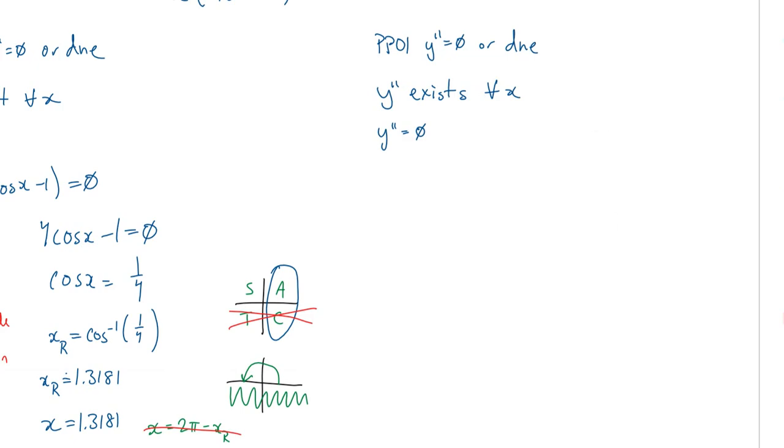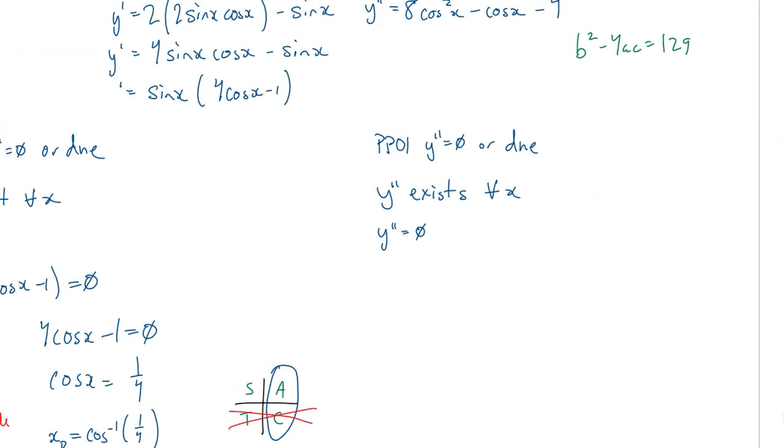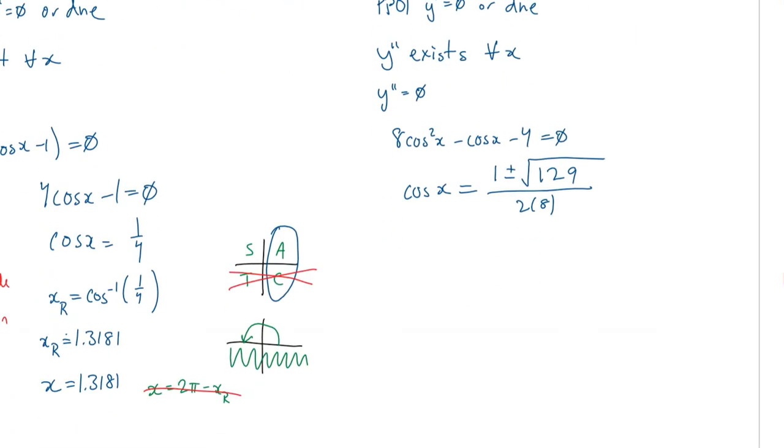So that is where cos squared x minus cos x minus 4 equals 0. Again, the discriminant tells me it's not factorable, but it's solvable. So therefore, cos of x, remember it's not x equals, it's cos of x equals negative b, so b is negative 1, so 1 plus or minus the square root of 129 over 16, or 2 times a, 2 times 8.